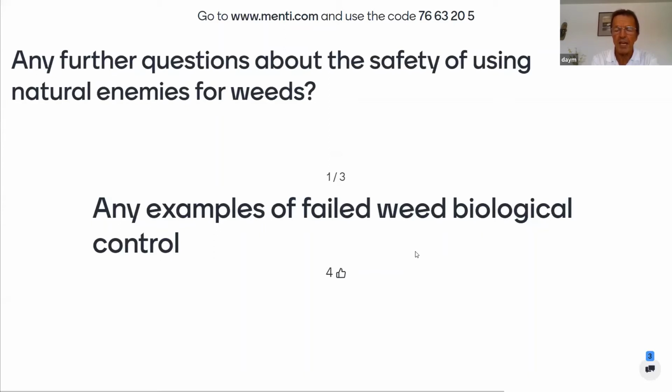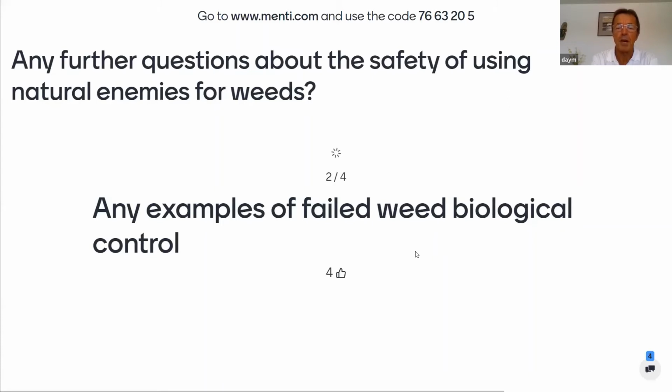A lot of the insects already out there on lantana aren't attacking anything else, but they're not controlling the weed. Those are the ones we don't recommend moving to other countries, because it's a waste of time: they're not going to do well in one country, and they won't in another. So we only recommend agents which are not only host specific, but also effective. We don't want to give people dud agents.